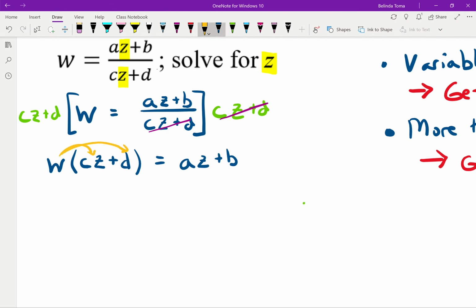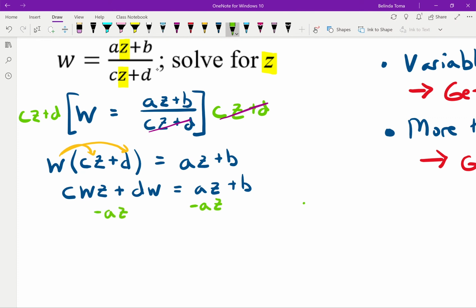So now we're going to have, I'm just going to write this in alphabetical order, CWZ plus DW is equal to AZ plus B. So if you remember, my second little pointer was to group the variables together that you're solving for. So I'm going to subtract AZ from both sides.